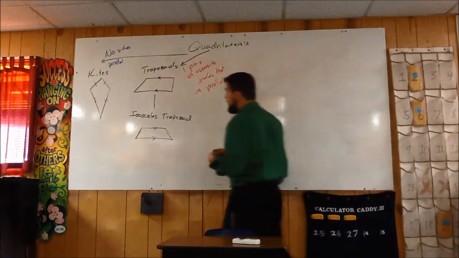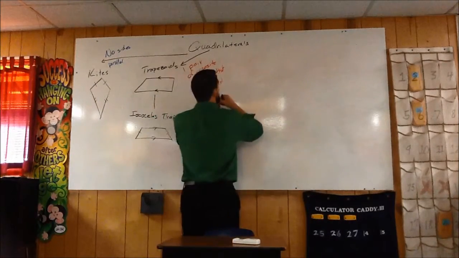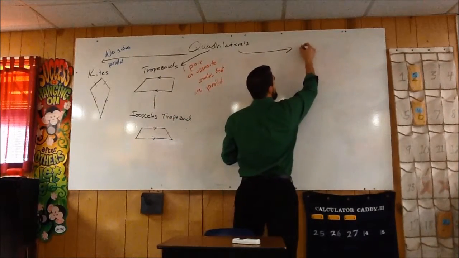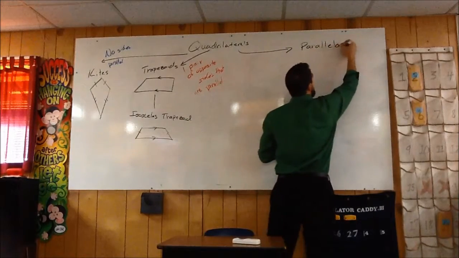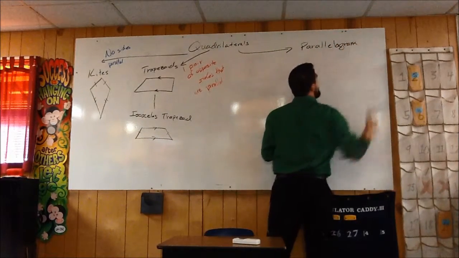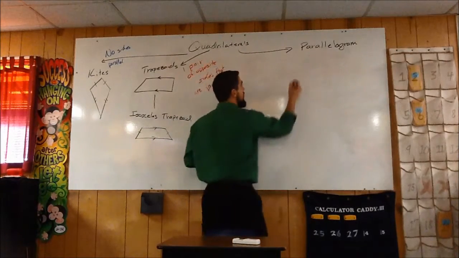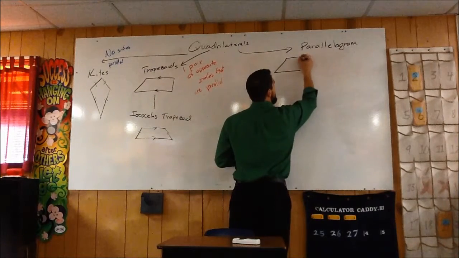Okay, so both pairs of opposite sides are parallel. So, we're going to draw a new arrow over here. And so this is our next type, our next quadrilateral.